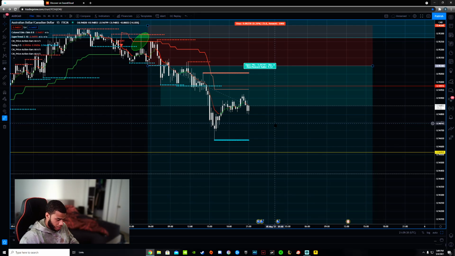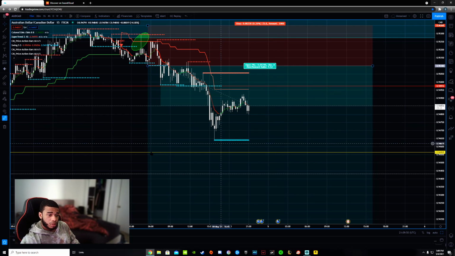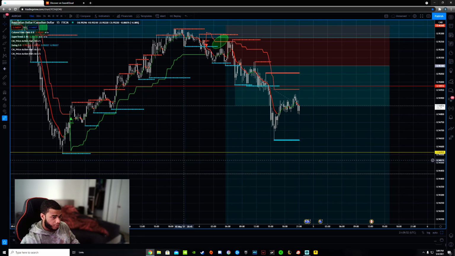So I will keep you updated. And just to show y'all, I do have all 4 positions open right now. When we hit our first take profits, which is at this yellow line, I will make another video.